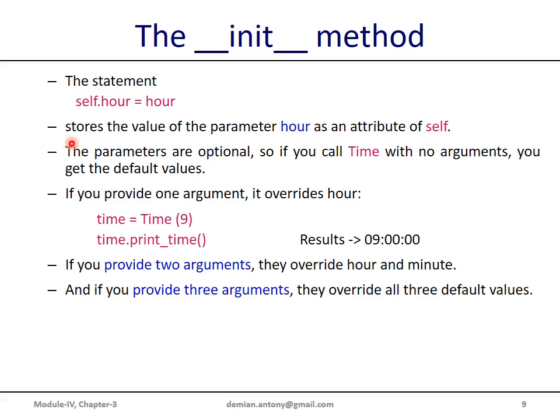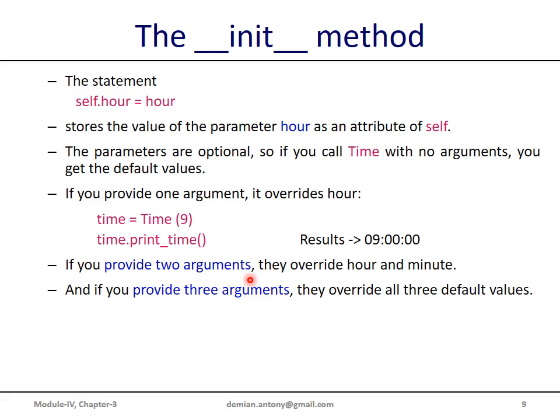And I said all these three parameters are optional. If you call just t equal to Time with no arguments, then hour, minute and second get 0. If we provide an argument like this, then the first parameter, hour, gets the value 9, and the result is 9:00:00.